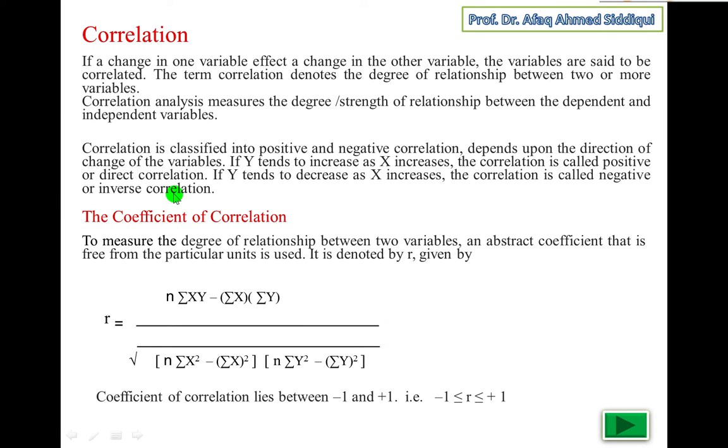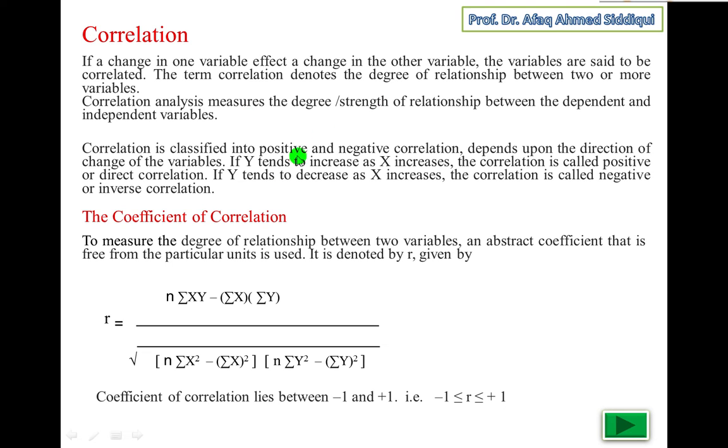Same as in regression analysis, if one variable increases and the other increases, it is a positive relationship. If one increases and the other decreases, the relationship is called negative. So regression analysis represents the relationship between the variables, but does not measure the degree of relationship. This is the most important thing.